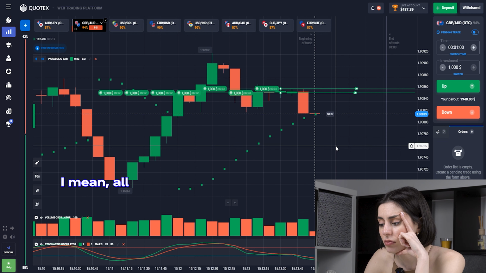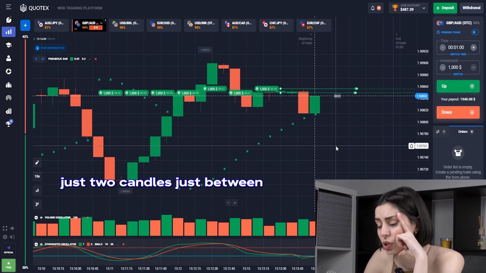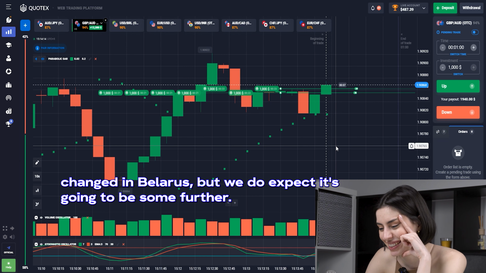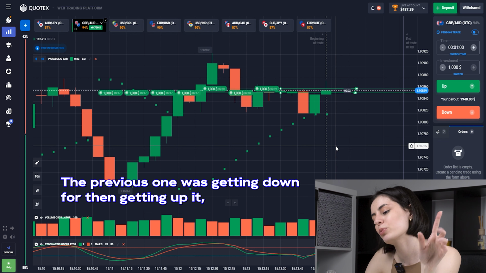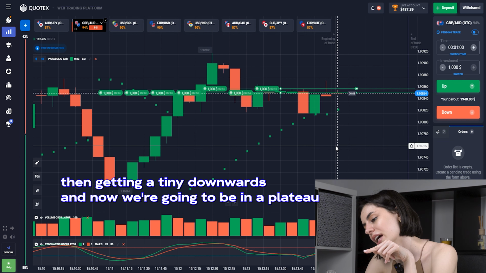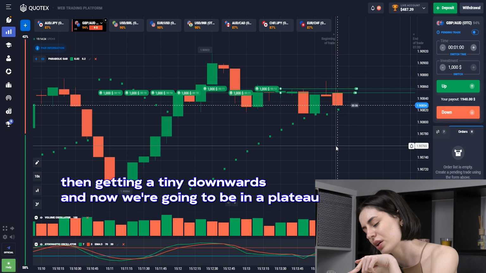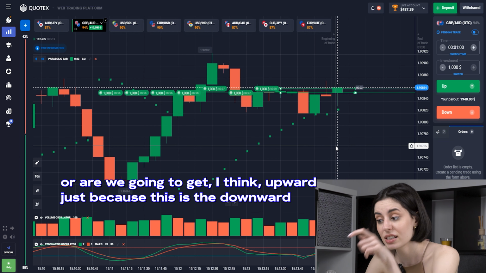What I gotta tell you, the candles are just switching, changing colors. But we do expect there's going to be some pattern. The previous one was getting downward, then upward, then tiny downward, and now we're going to get a plateau, or I think we're going to get upward, just because this is the downward.